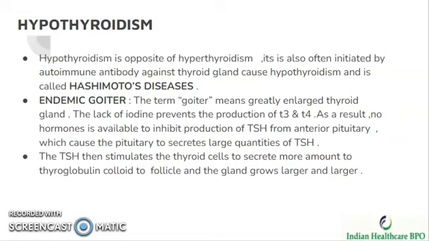The lack of iodine prevents the production of T3 and T4. As a result, no hormone is available to inhibit the production of TSH from the anterior pituitary, which causes the pituitary to secrete large quantities of TSH. And TSH then stimulates the thyroid cells to secrete more thyroglobulin, colloid collects in the follicles, and the glands grow larger and larger.